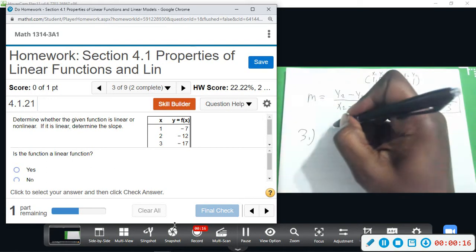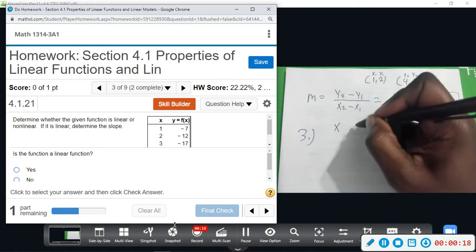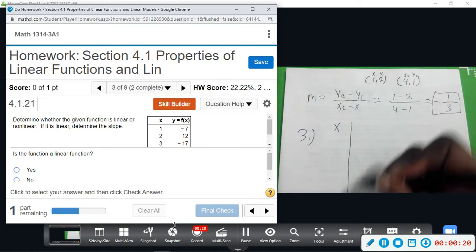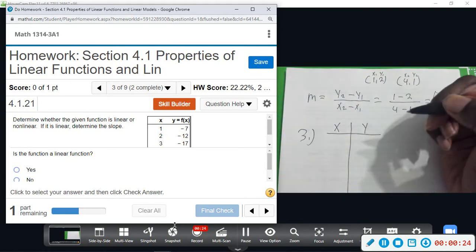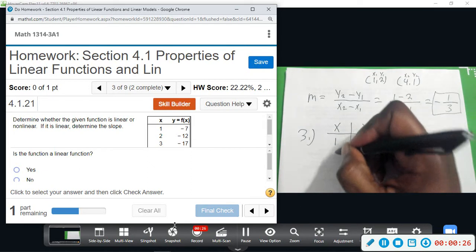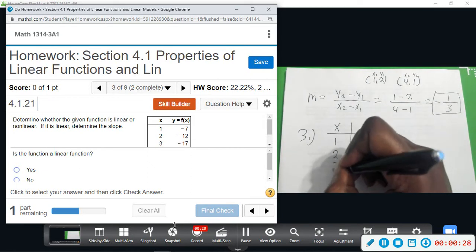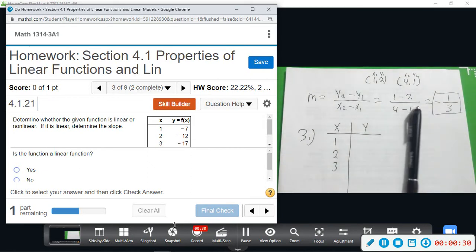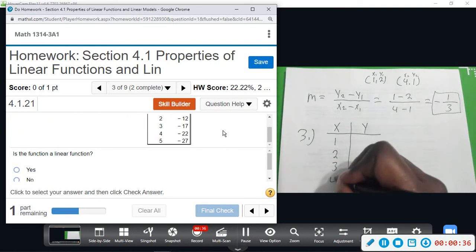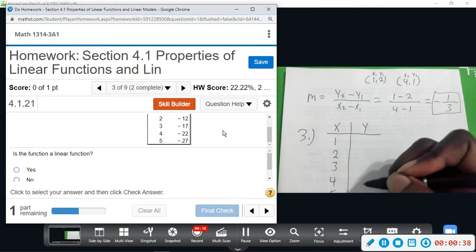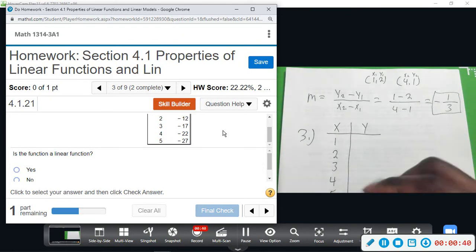Okay, so I'm just going to copy this table down, and you'll get the visual, kind of like what you saw in the text. We have 1, 2, 3, how many points here? 1, 2, 3, 4, 5. We don't have to use every single one of them, but the more thorough you are, the better.